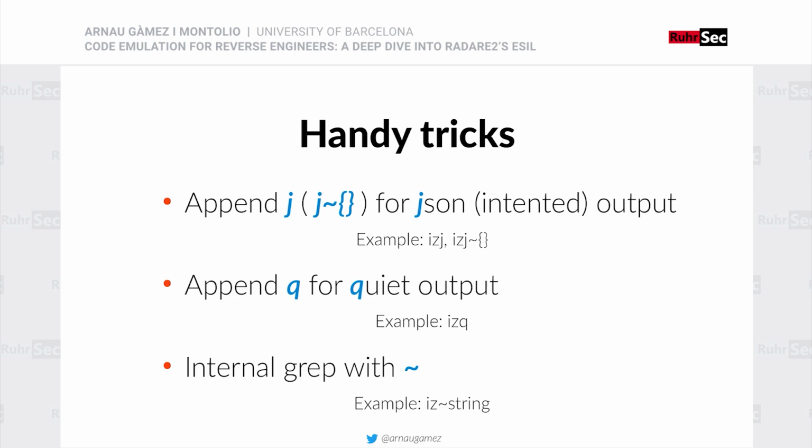That will be quite useful, mainly combined with a scripting language, which we will use a little bit and I will show you. Then we can append a q for quiet output. It will just drop some of the verbosity of the output and get straight to the point. We can also make an internal grep with that symbol. Maybe some of you are asking, why do we need an internal grep?